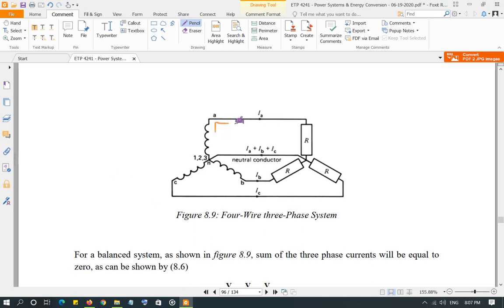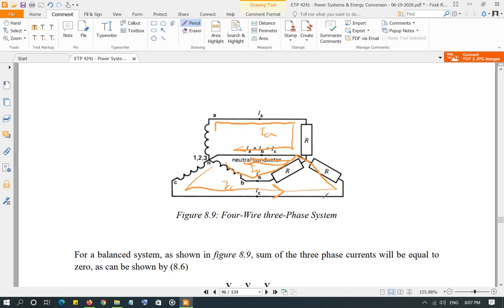So the current is going to come out of phase A, go through the load, and then come back. That's going to be your current IA. Likewise, phase C current is going to go in this direction and go through the same wire. That's your IC. And likewise, IB is going to go like this, and through the same wire. So through the neutral wire, all three currents are flowing, IA plus IB plus IC.